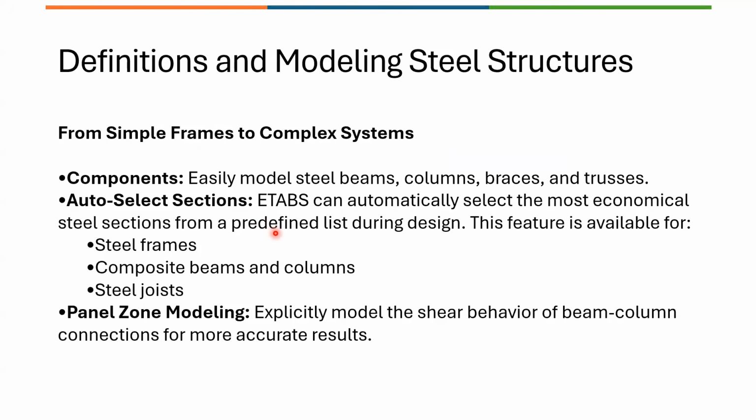Then there is an auto select option for you to do the preliminary analysis before entering into the final analysis and design of the model. Auto select is going to help you greatly in that aspect for the preliminary design. And then we have special panel zone modeling for advanced analysis. These are the basic things that you require in the definitions and for modeling.